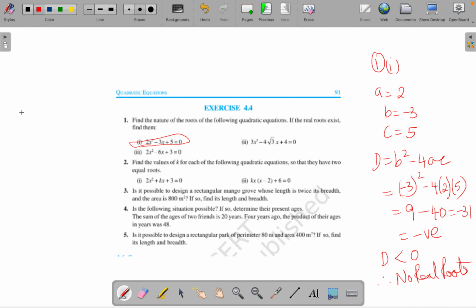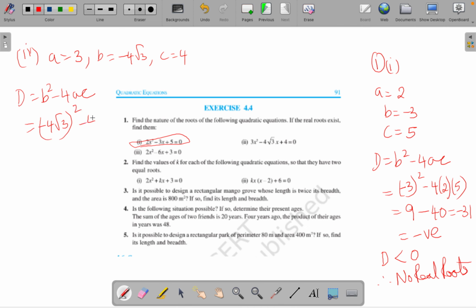Now similarly, let's talk about the second question. In the second question, again a is 3 since it is already in the standard form, b is minus 4 root 3 and c is 4. Now again we calculate D, which is b square minus 4ac. b square is minus 4 root 3 whole square, minus 4 into a into c.